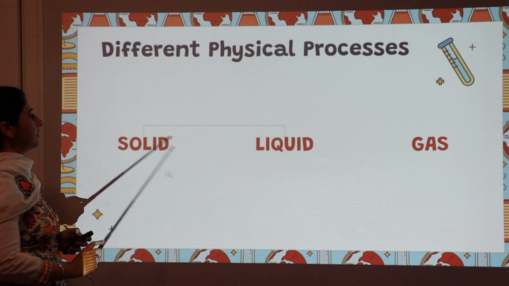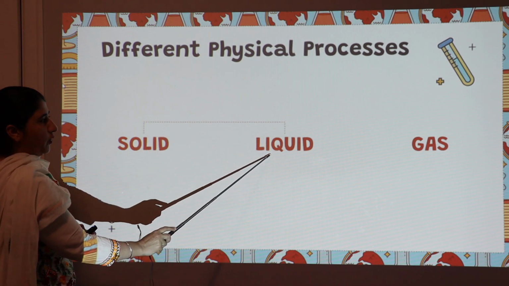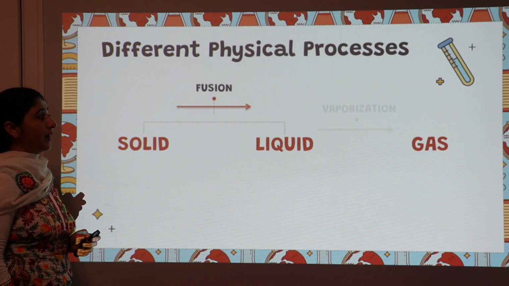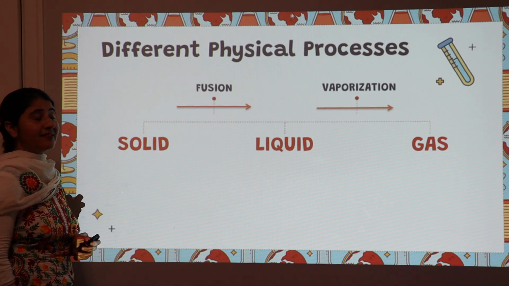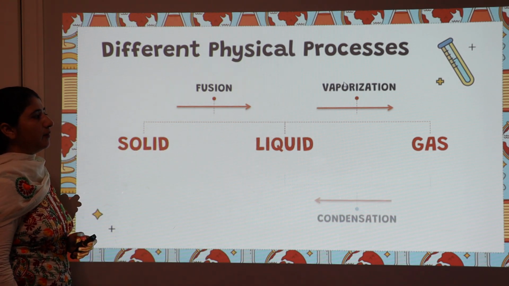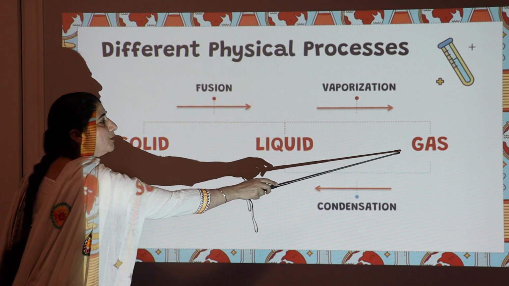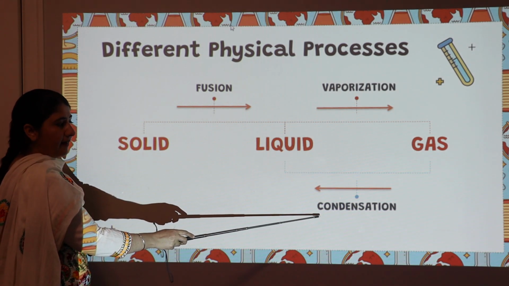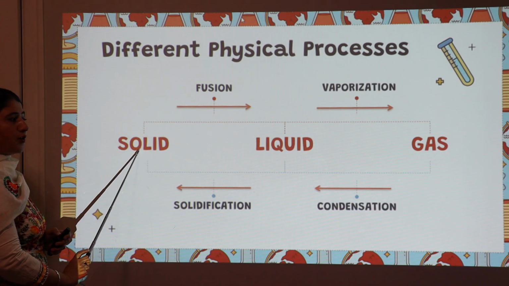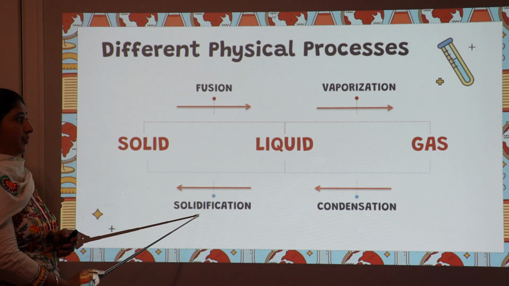First, when the solid is converted into a liquid, this process is known as fusion. Next, when liquid is converted to a gas, this is known as vaporization. In the reverse direction, when the gas is converted to the liquid, this is known as condensation. And when the liquid is converted to the solid, this is known as solidification.